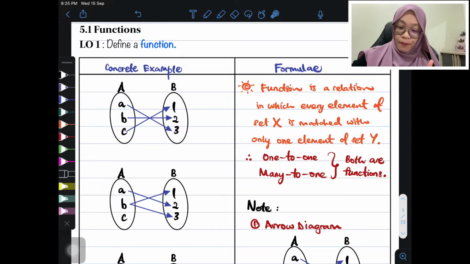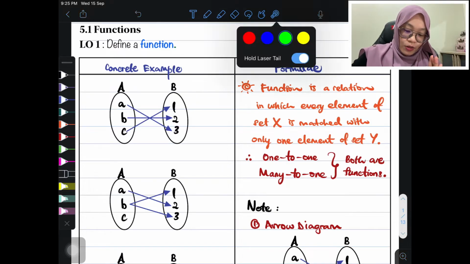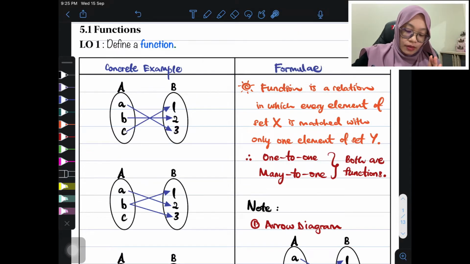Mungkin lagi cepat faham. Okay, so now you will see that here, this is element A, this is element B, and element C in set A. This is set A, and this is set B. So, element A goes to number 3. Element B goes to number 2.